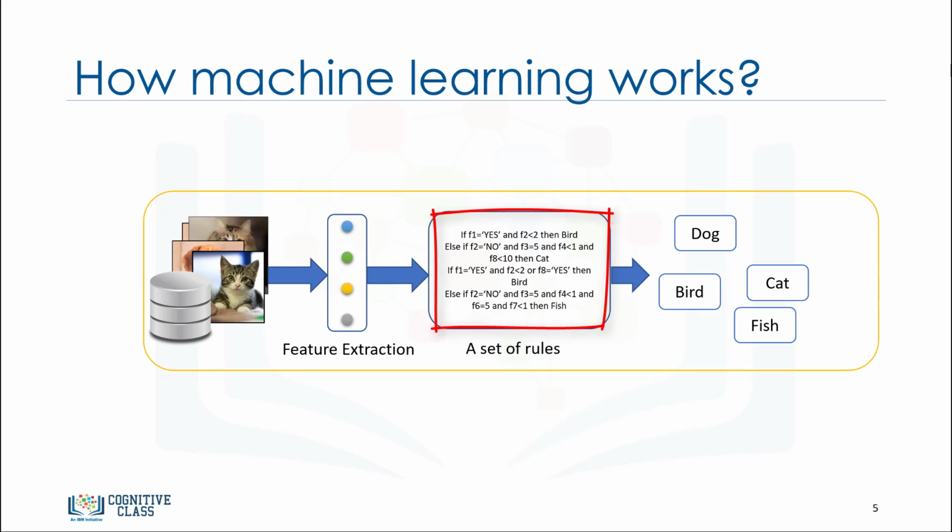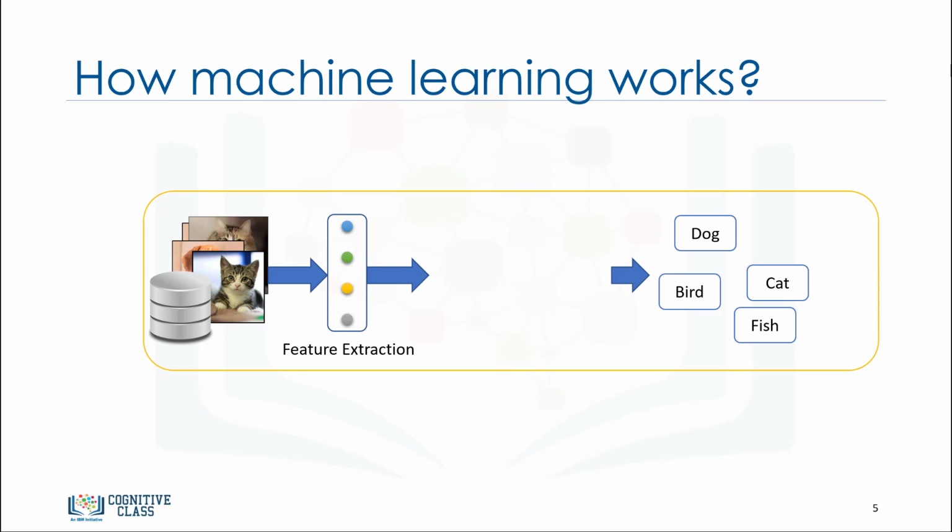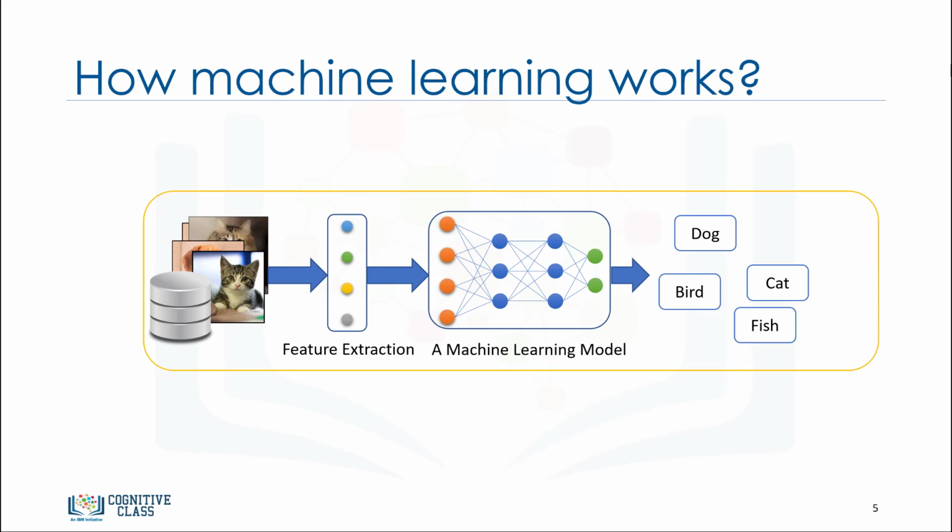Why? Well, as you can guess, it needed a lot of rules, highly dependent on the current data set, and not generalized enough to detect out-of-sample cases. This is when machine learning entered the scene. Using machine learning allows us to build a model that looks at all the feature sets and their corresponding type of animals, and it learns the pattern of each animal.